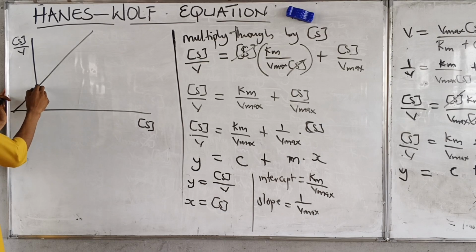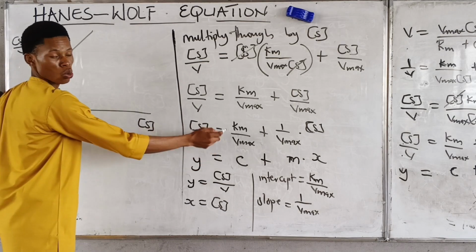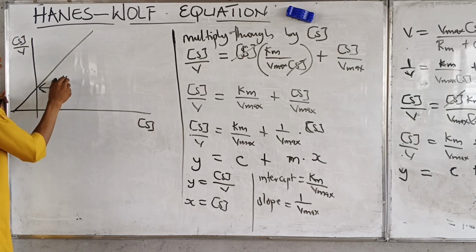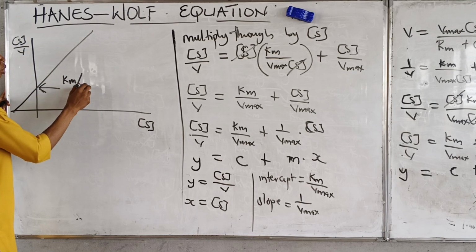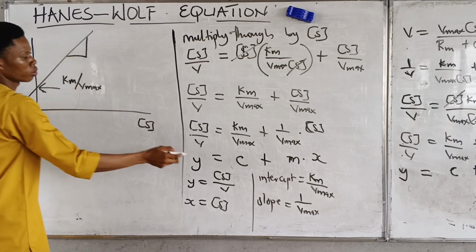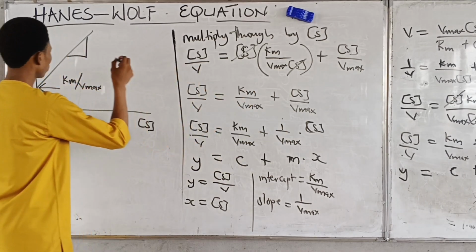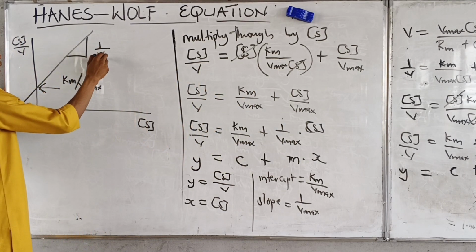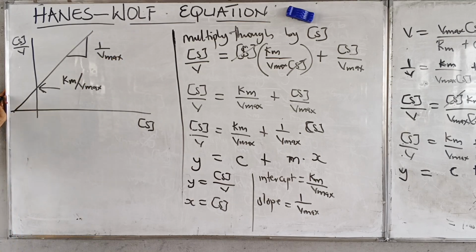Now the intercept on the y-axis is equal to Km over V max, right? And the slope is 1 over V max. Now if that is the case, how do we get the intercept on the x-axis?